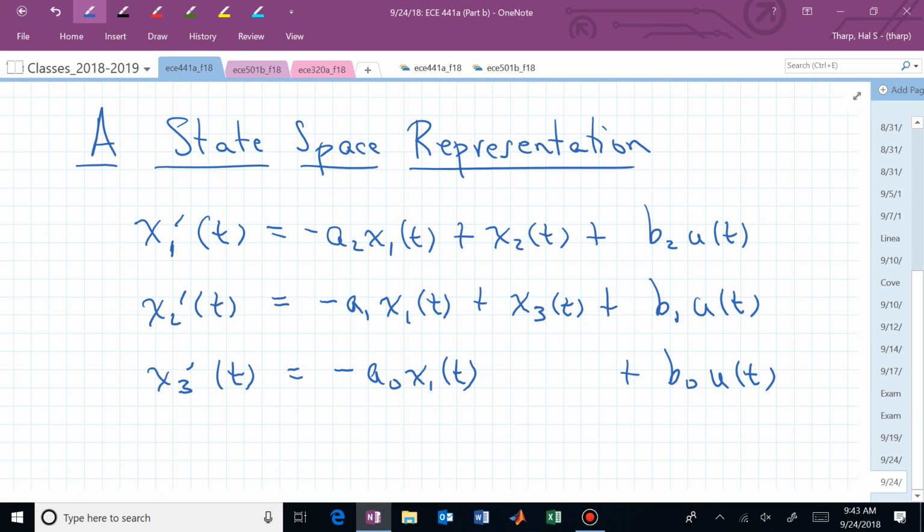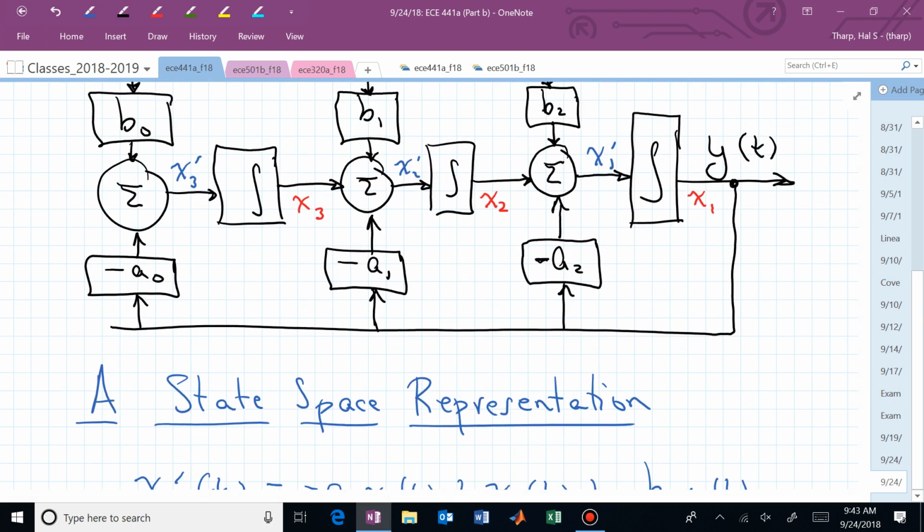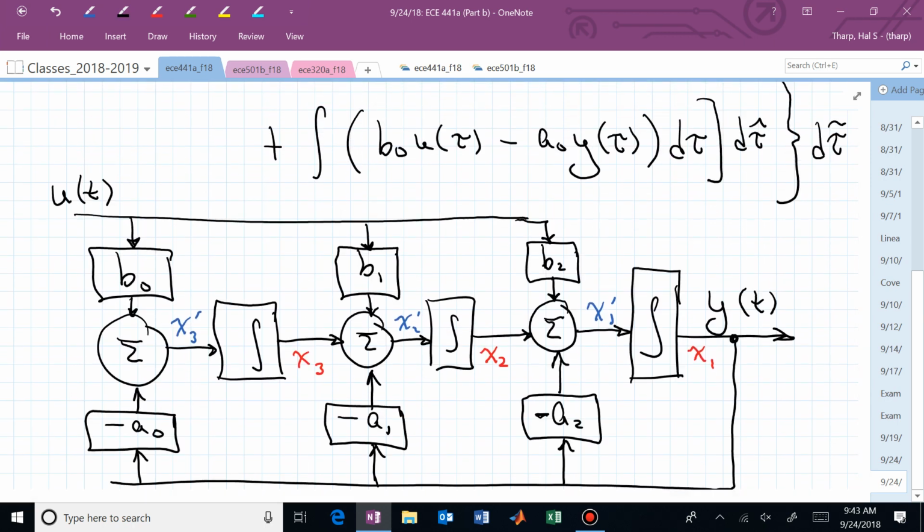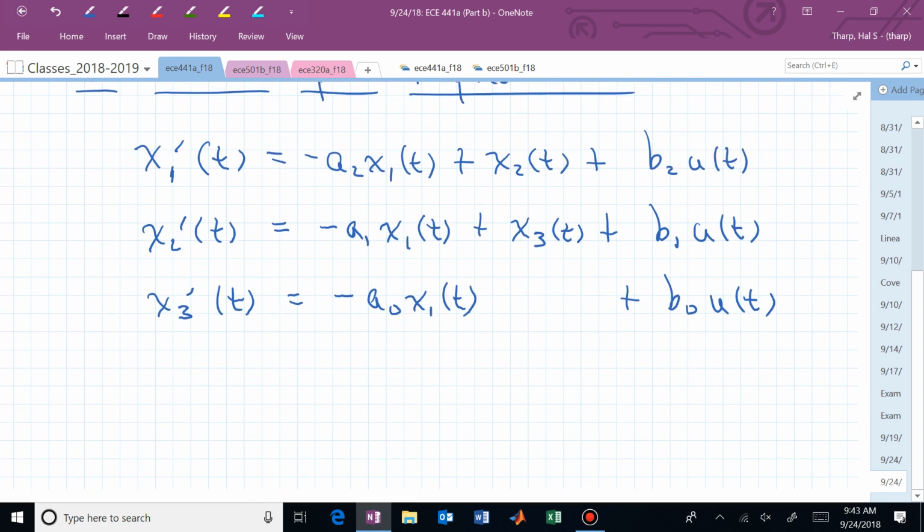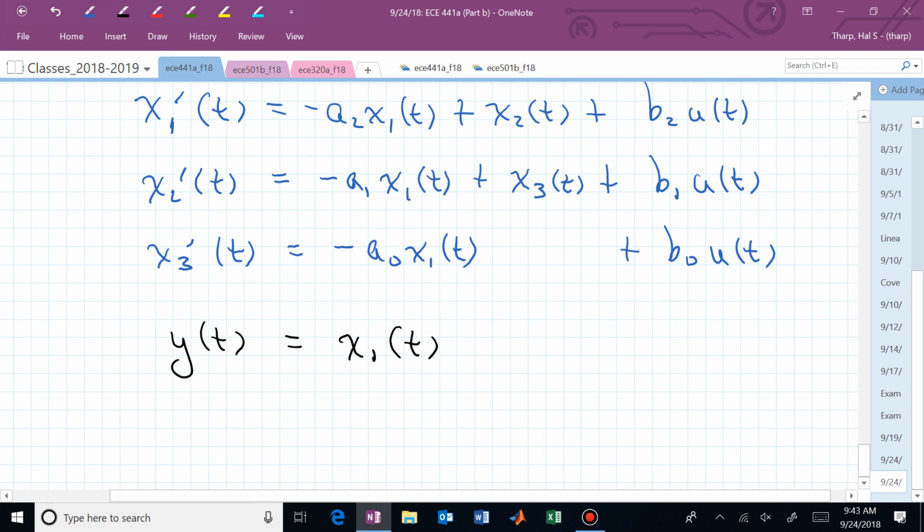And if I wanted an output equation, can I write y in terms of x1, x2, x3, and u? There's really no summing even involved to find y. Y is simply x1 in this representation. The output equation then is y of t is equal to x1 of t.